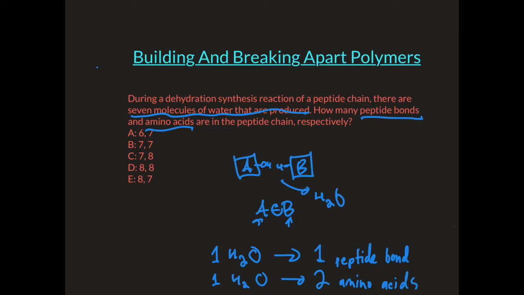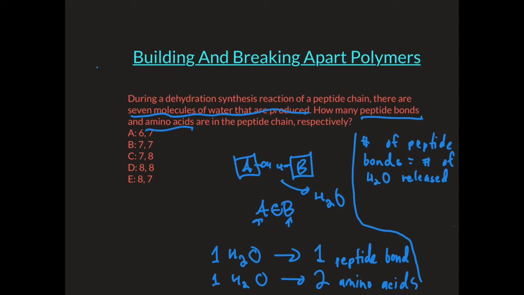So what this means is the number of peptide bonds equals the number of H2O released, and the number of amino acids equals the number of H2O released plus 1, right?